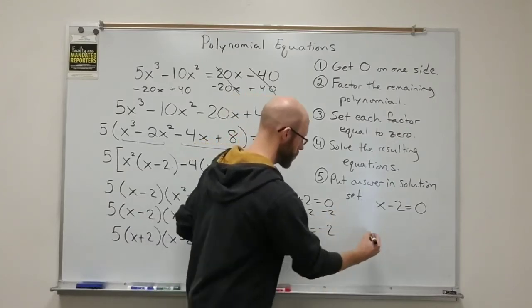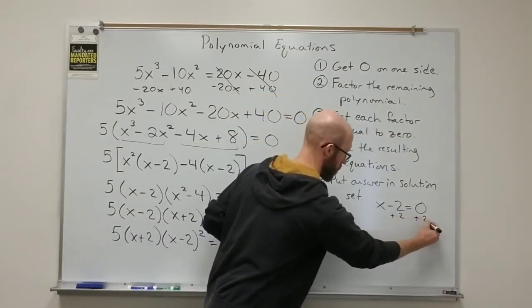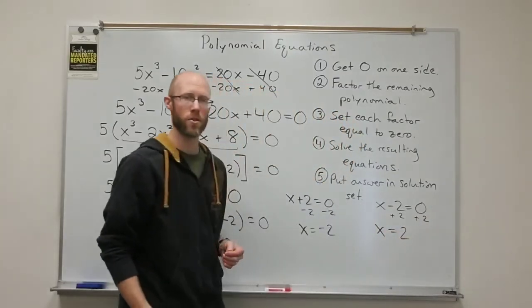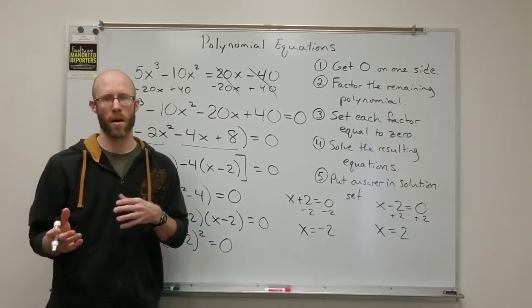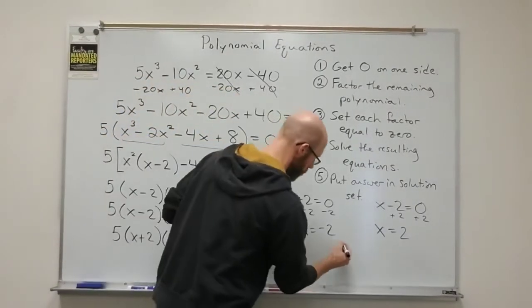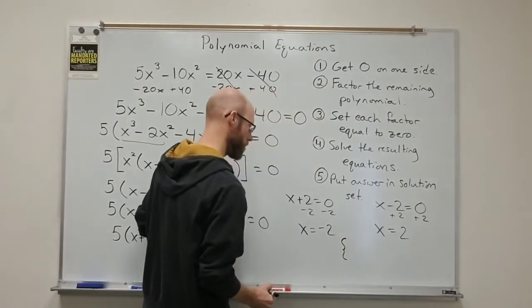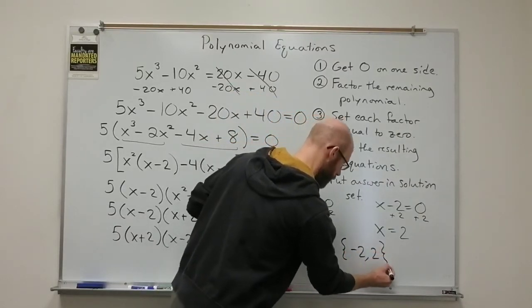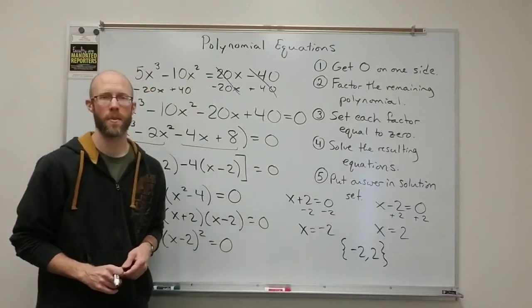So now I solve these. I get a negative 2. And I'm going to get a positive 2. So there's two answers, positive 2 and negative 2. And so, let's see, my solution set is just going to be negative 2 and positive 2. Okay?